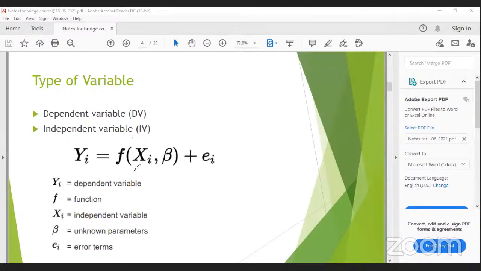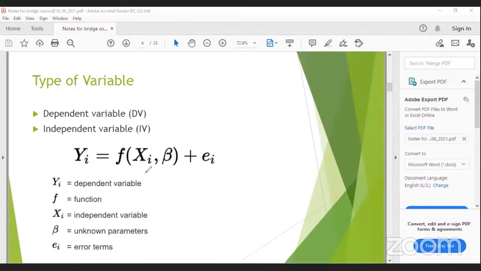Now this f is called the function, and it can be anything. This function can be linear, quadratic, logarithmic, or exponential.